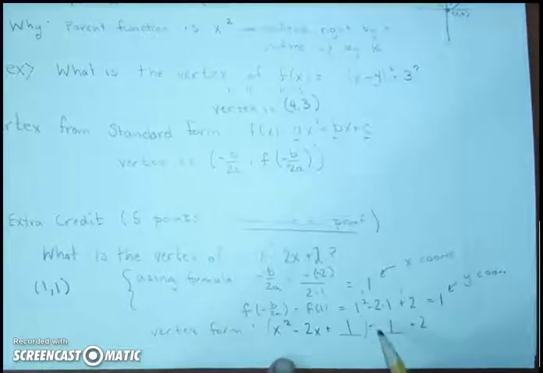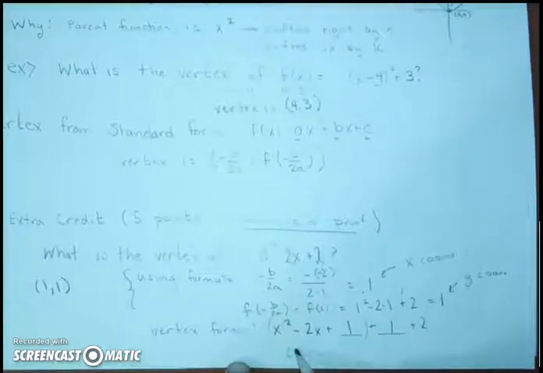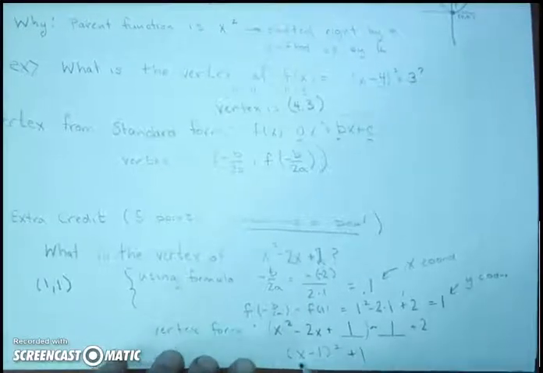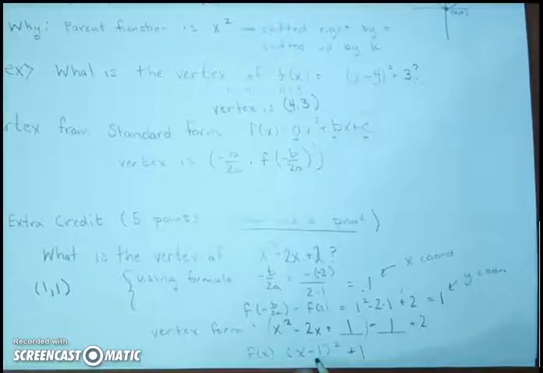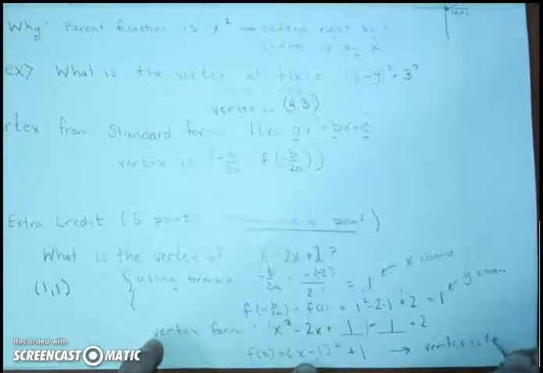So then I need to subtract 1. This is now a perfect square. It's x minus 1 squared, and then I have minus 1 plus 2, which is plus 1. So this is the vertex form. So my h is 1, my k is 1, so that tells me the vertex is 1, 1.